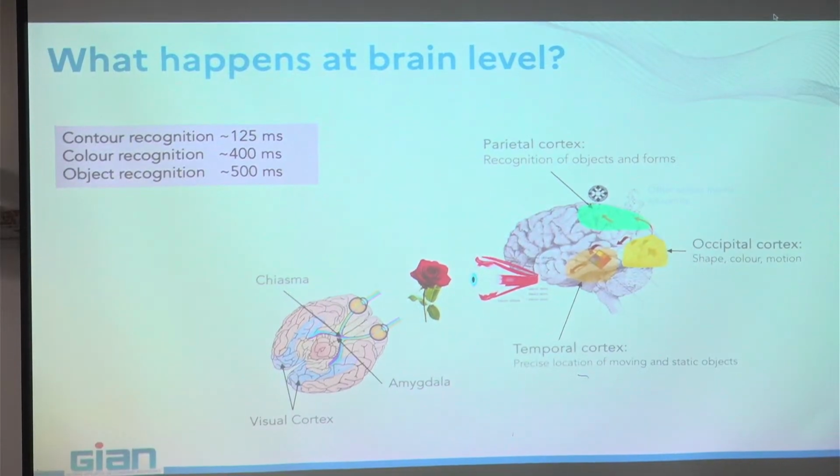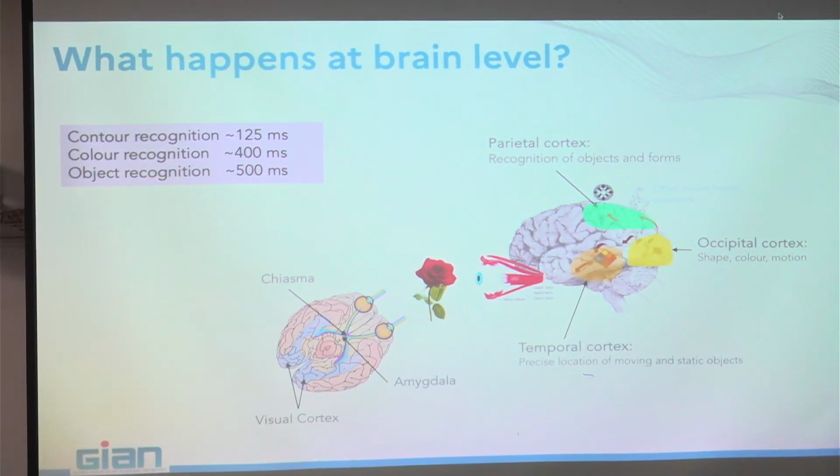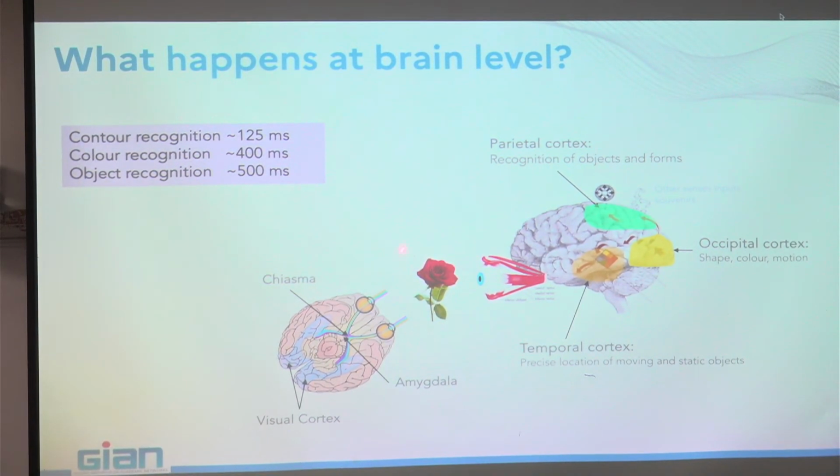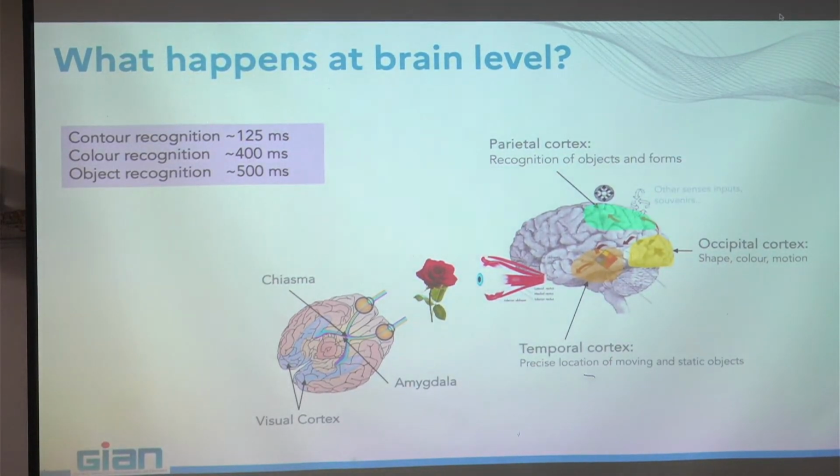You understand why. But let's see what happens at brain level. When you see the flower here, the information comes through the eye, a chemical reaction, an electrical signal, compression of the signal and so on, and then goes to the optical cortex, passing through different areas of the brain, and finally the brain decides what I see here.